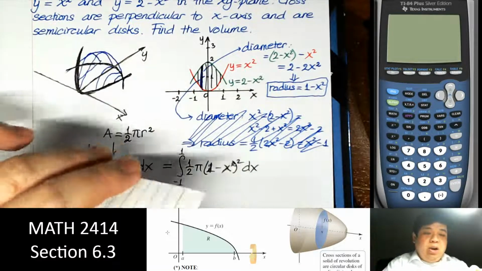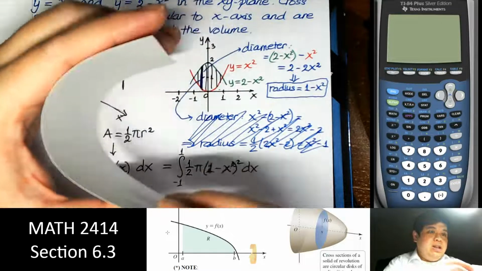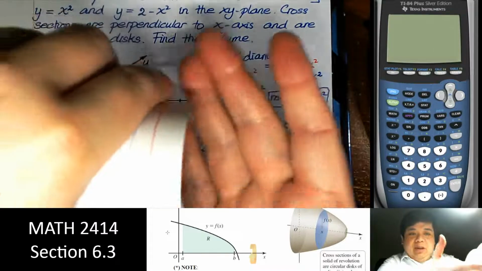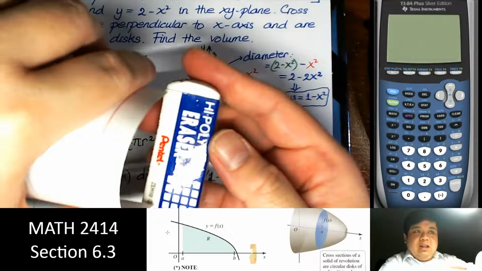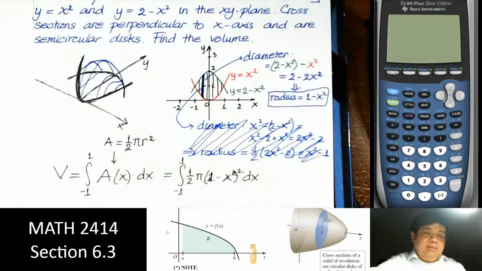So basically we're going to have a disc, a semicircular disc kind of, and the diameter is going to be below here. So we're talking about that here. Right.